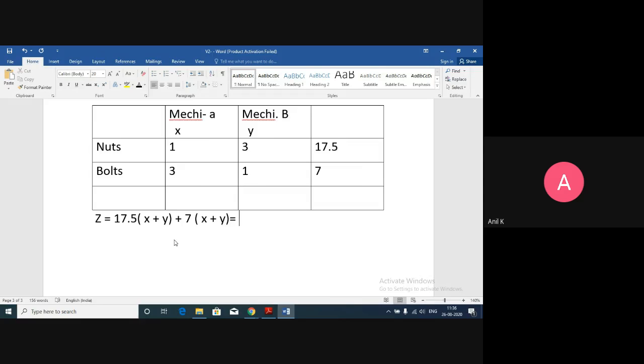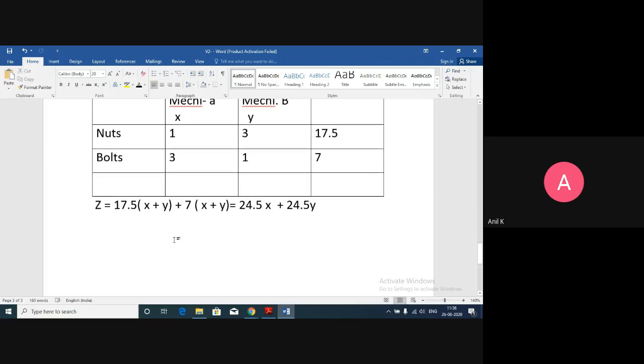If you want to simplify this, 17x plus 7x will be 24.5x plus 24.5 into y. So this is my maximization equation.